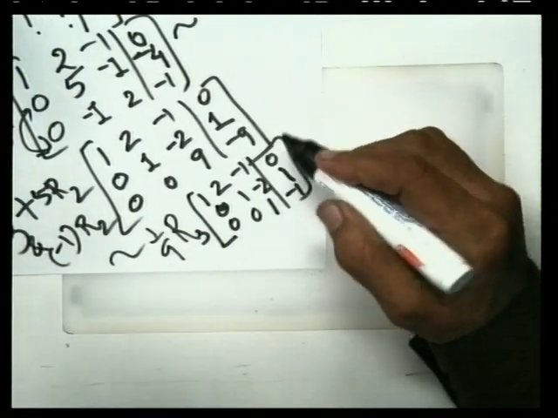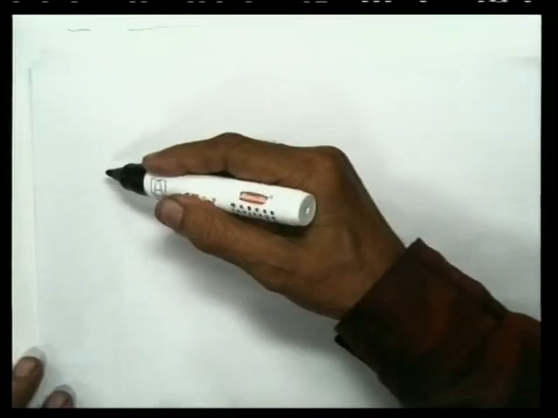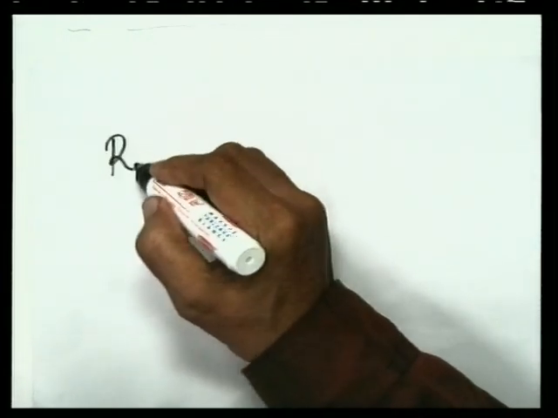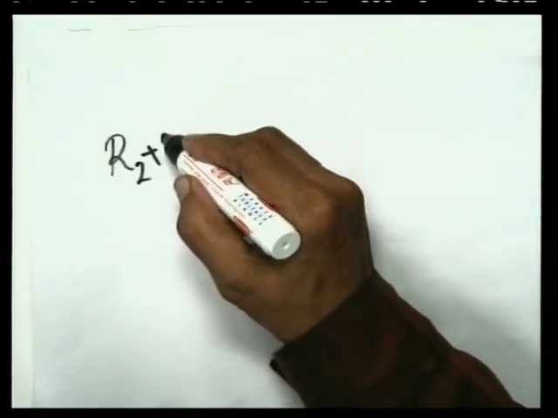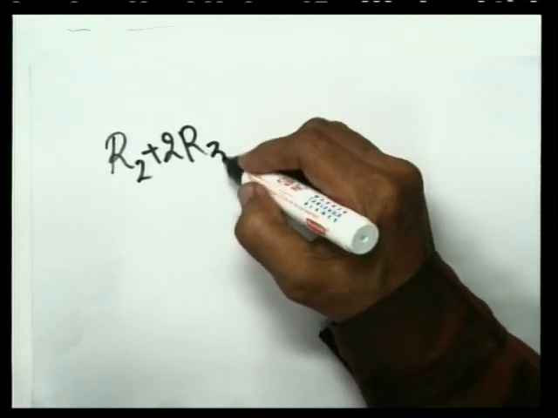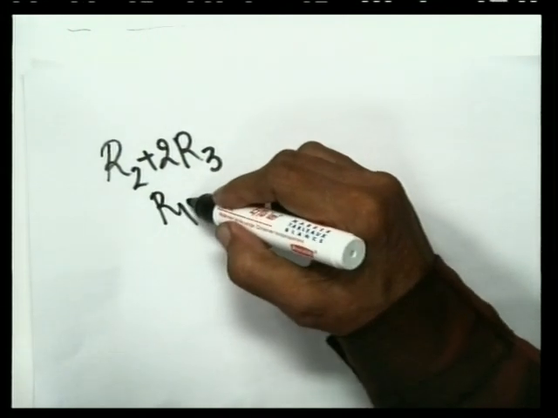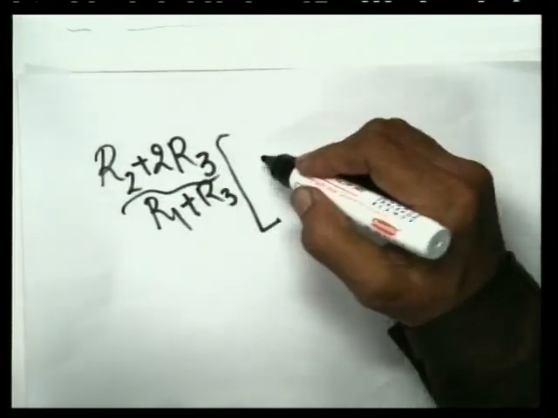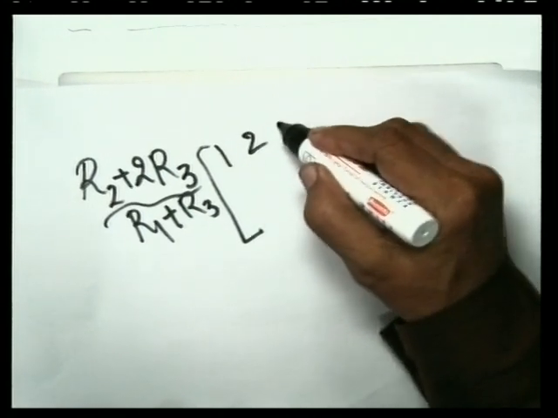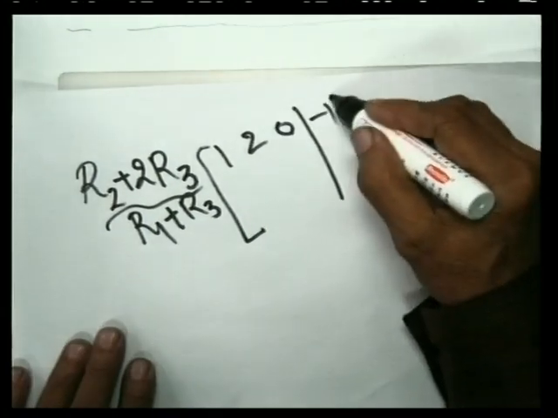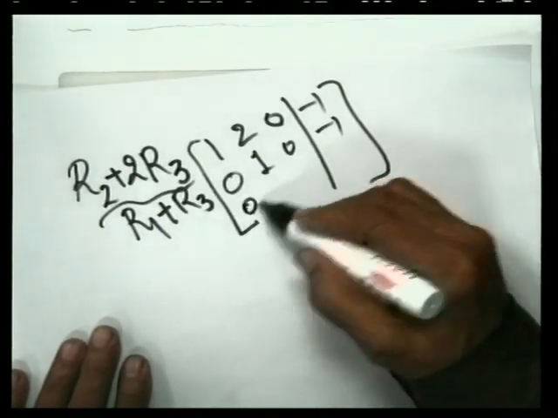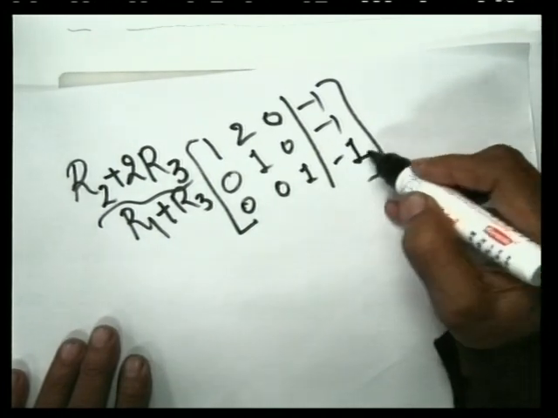Now we operate two operations together. In the second row you are adding 2 times third row, and first row you are adding third row. In that case we get the resultant matrix 1 2 0 minus 1, 0 1 0 minus 1, 0 0 1 minus 1.